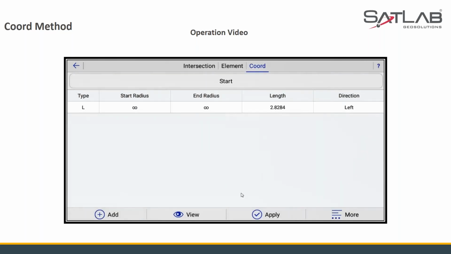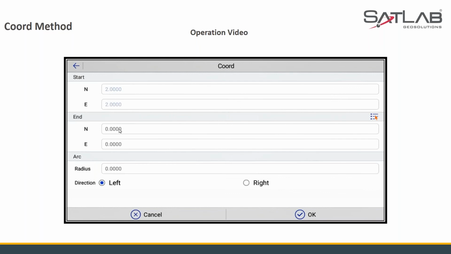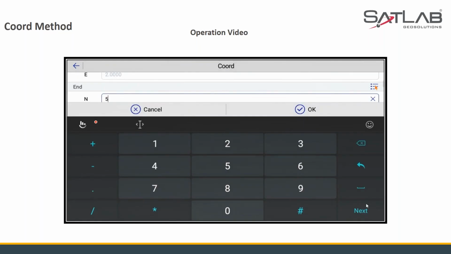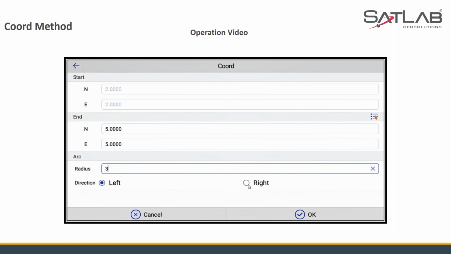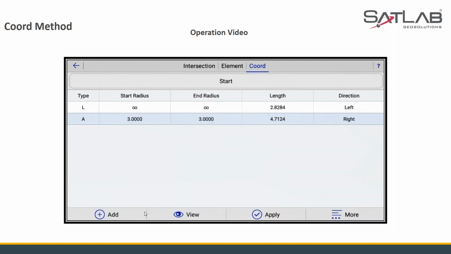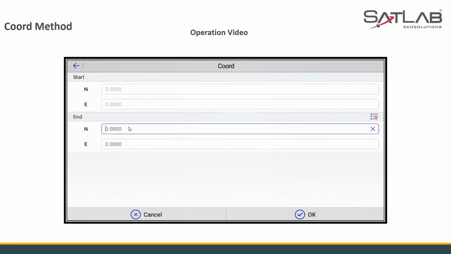And we have a video of the coordinate method as well. Exactly the same thing. Center line, here it is. Go to the coordinate, 0, 0, 0. Add, you can add a line, 5 by 5 or 2, 2. That is the coordinate.